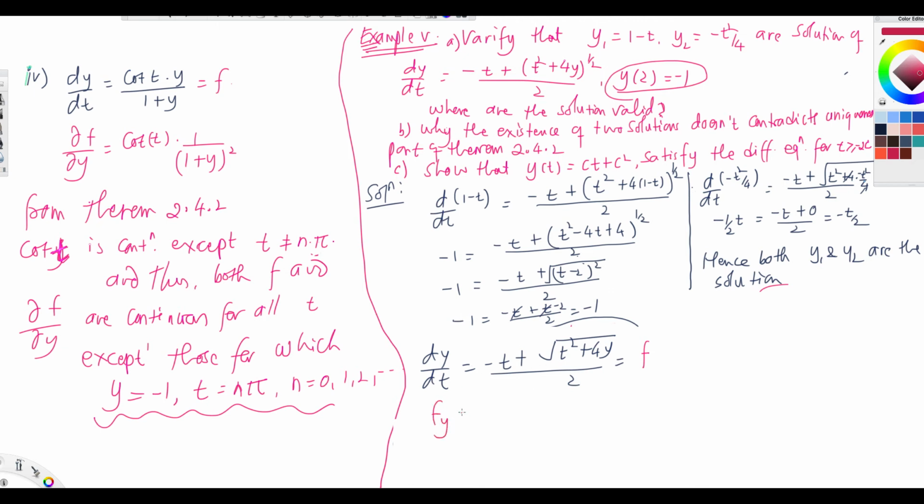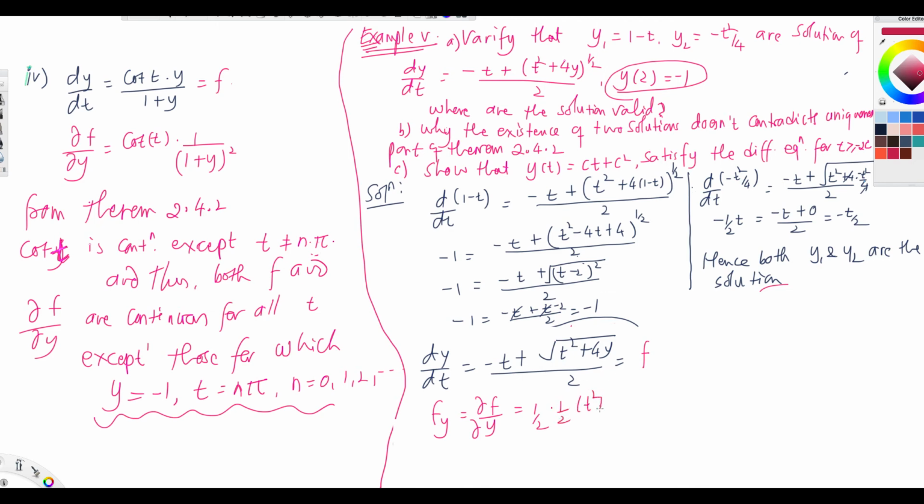f sub y, right? So what is f sub y? f sub y is the derivative of f with respect to y, but taking all other variables constant. So this t is like a constant if you are finding the derivative with respect to y. You will see the partial derivative in Calc 3, okay? But this is how we do the partial derivative. So the derivative of negative t is 0, right? So it equals 1/2, and the derivative of the square root of t square plus 4y with respect to y will be again 1/2, okay?